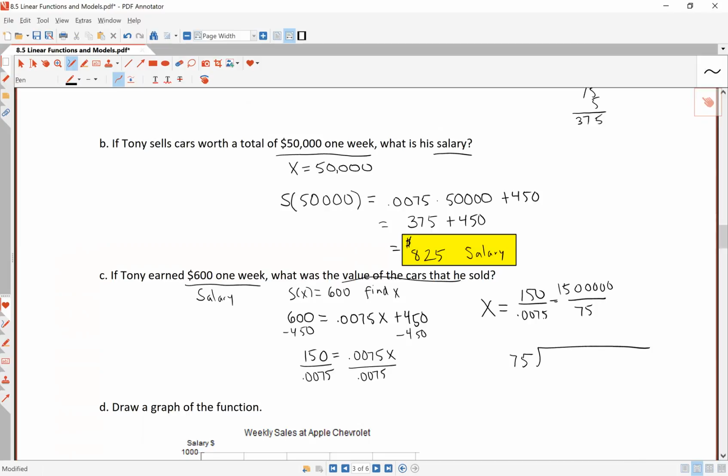Move the decimal 4 spaces over in the denominator, and move the decimal over 1, 2, 3, 4 in the numerator. 75 goes into 150 two times, remainder 0. And we add the remaining zeros, and we have $20,000 in sales that week.